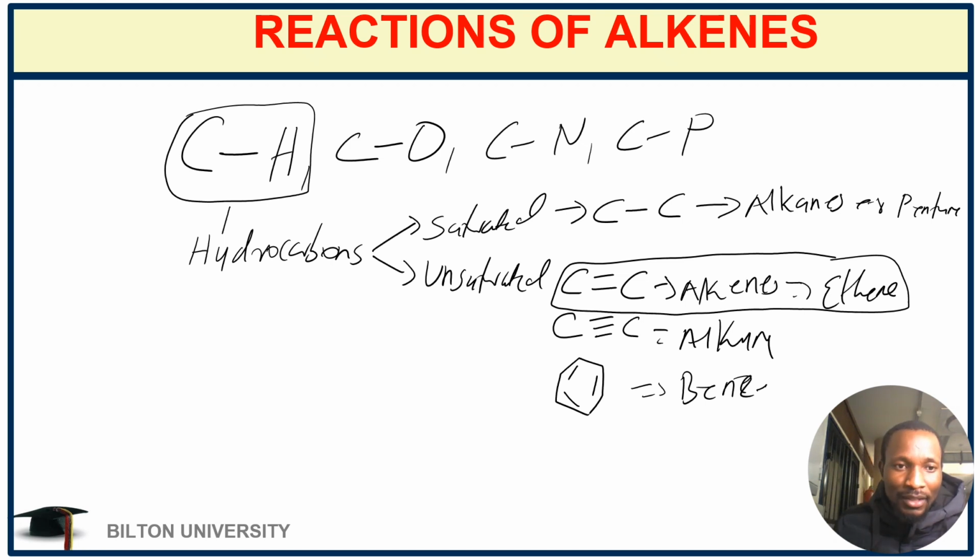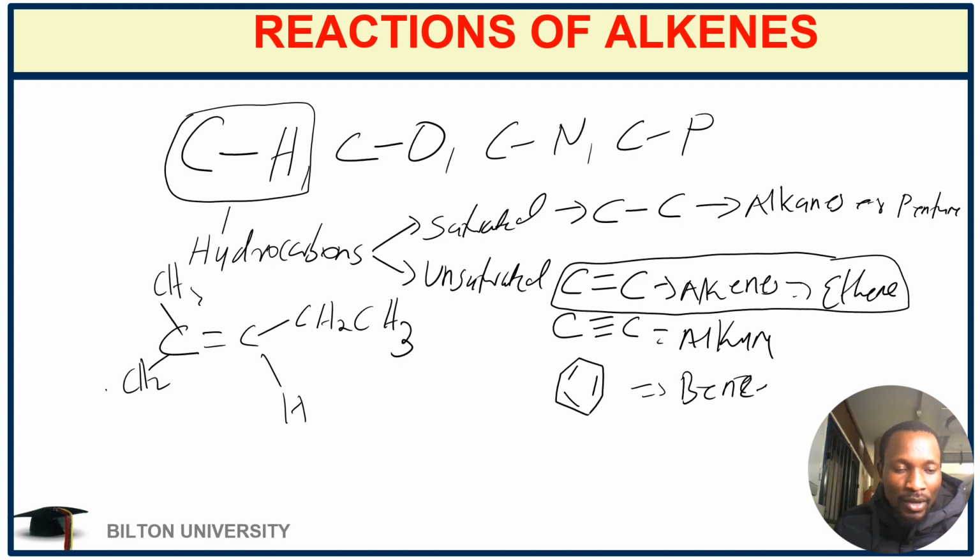Now let's see, if we have carbon, we have a double bond here, we have CH2, let's say that we have the ethyl group, CH3, and then we have H, and then we have CH3, and then we have CH2, and CH3. In the nomenclature of alkenes, you need to consider the longest chain first.